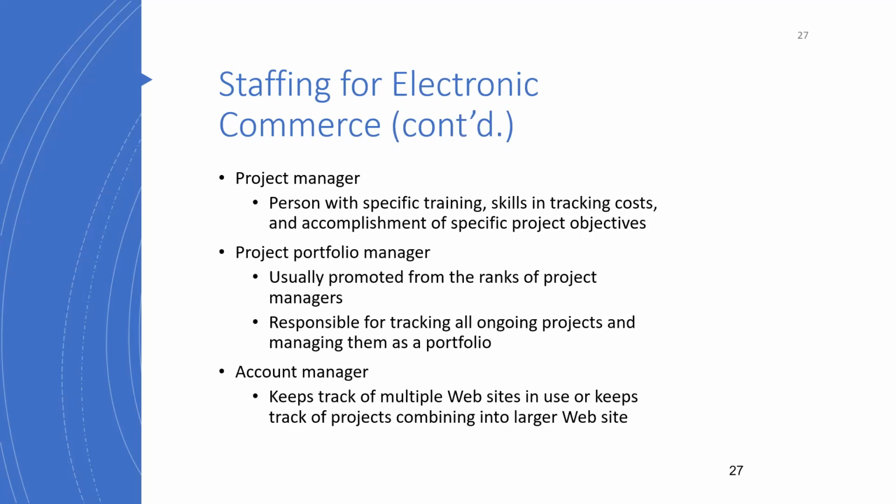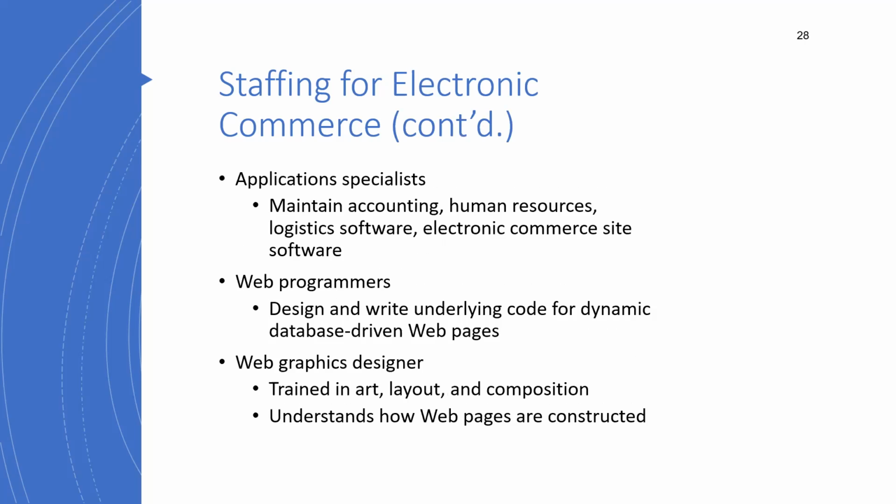Having a project manager, project portfolio manager, and account manager, people specialized in those areas, is very beneficial. You could probably merge application specialists, web programmers, and web graphics designers under one roof, and they could specialize in all of these areas. Or, if your company is getting bigger, you could get one person specialized in each of these areas. That would be beneficial.